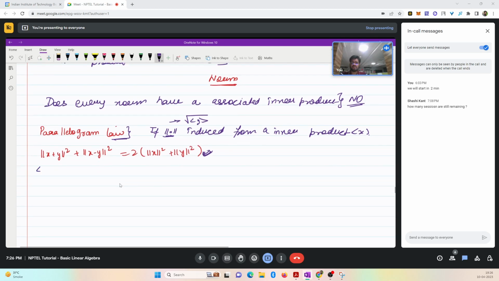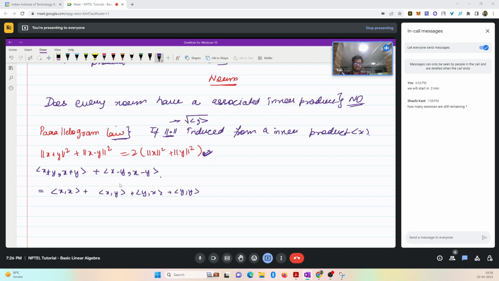So on the left we have x plus y comma x plus y. Because it is induced from some norm, we can write it in this form, x minus y comma x minus y. Okay. If we expand this thing, this is nothing but x comma x plus x comma y plus y comma x plus y comma y.